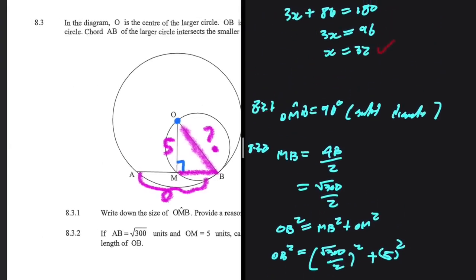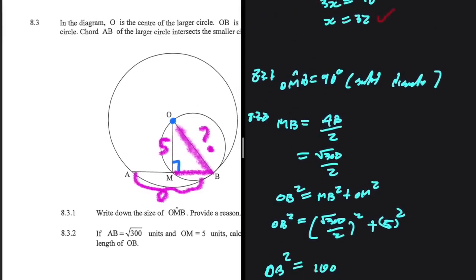That is 8.3.2. ABCD is a parallelogram with AB being equals to 14 units. AD is produced to E such that AD is to DE is equals to 4 is to 3.